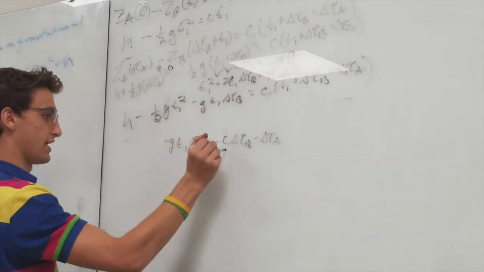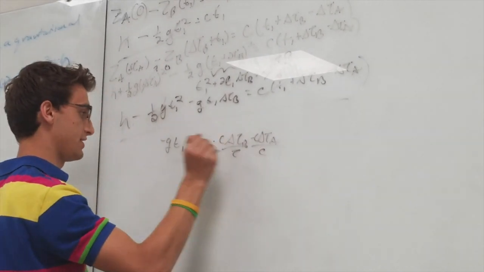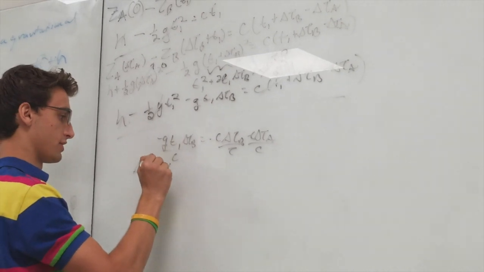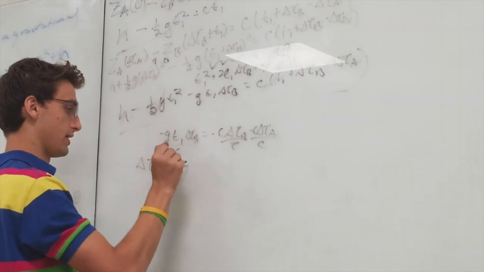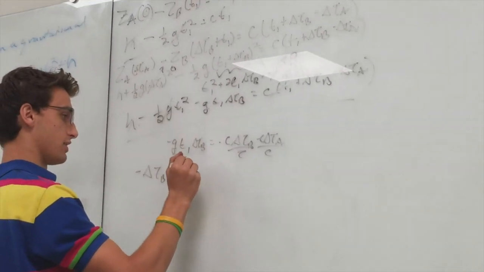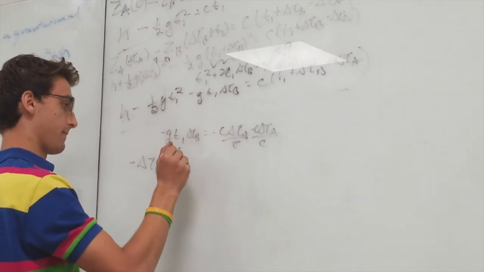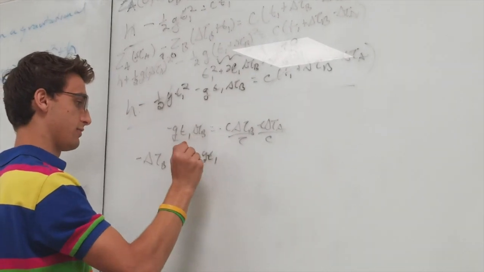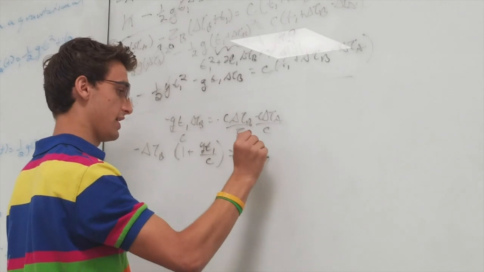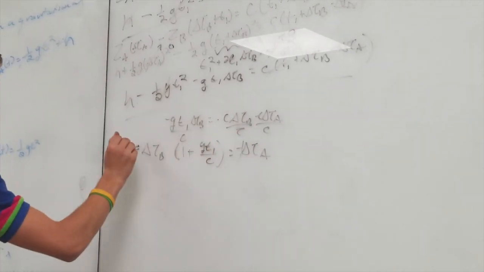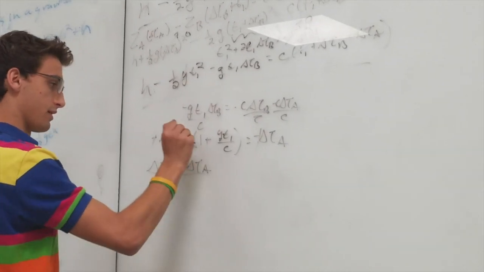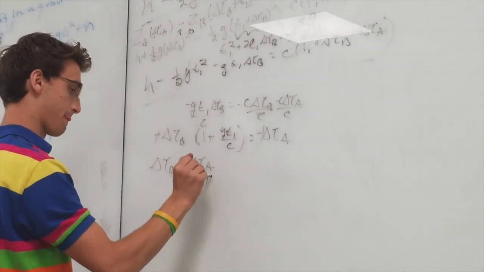So bring this over to this side, divide out by c, bring the delta ta, so we just get delta tb equals, the minuses cancel out, 1 plus g t1 over c, that's a delta ta. Just divide by this factor.